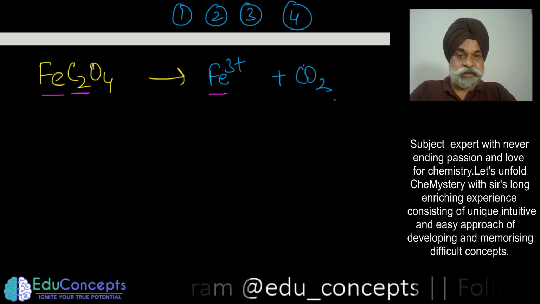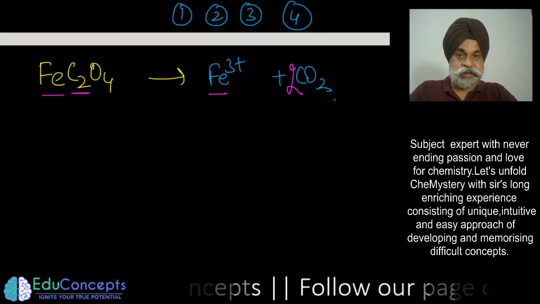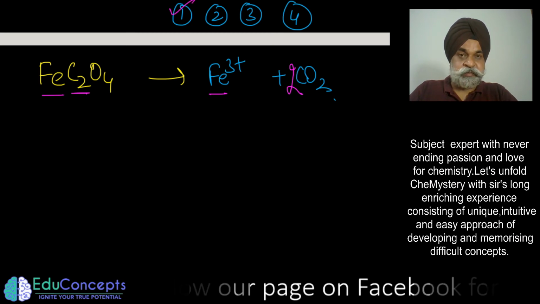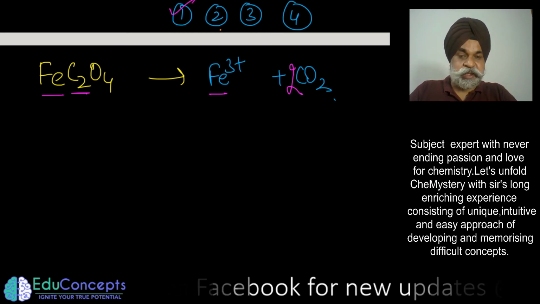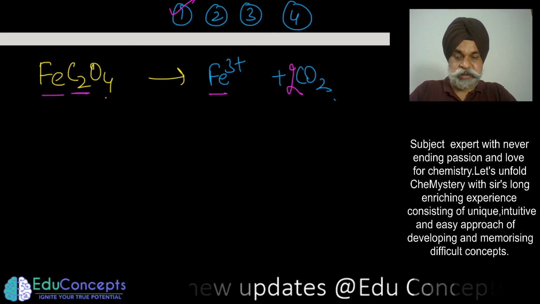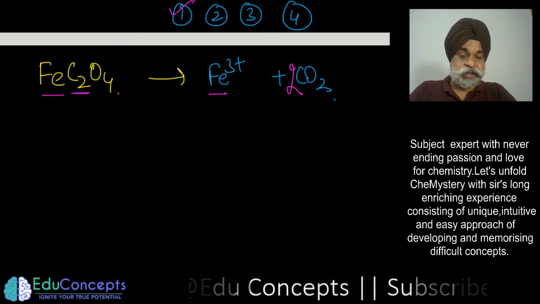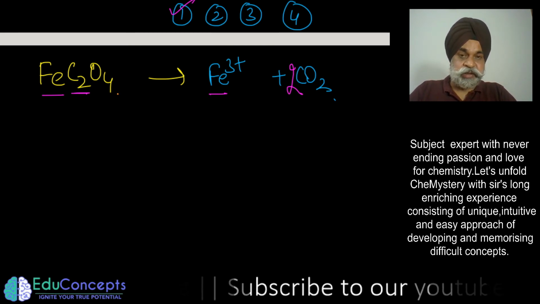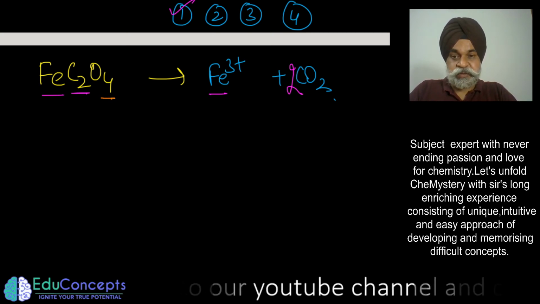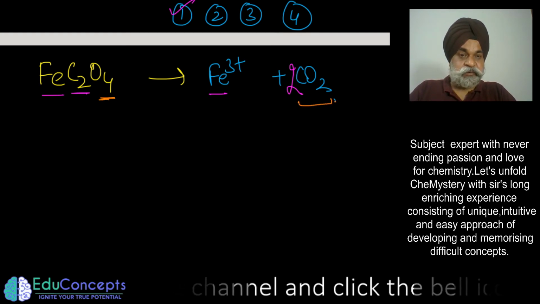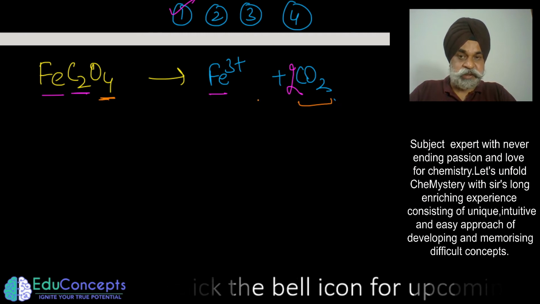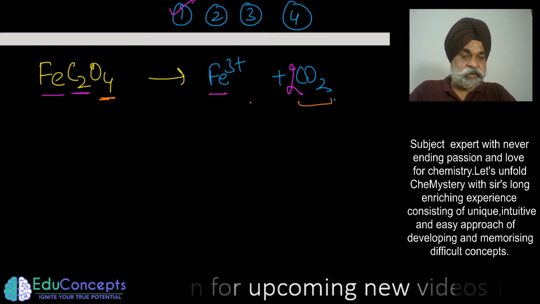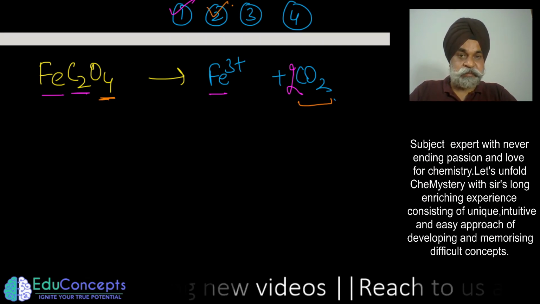Here you have carbon, so I put 2 carbon atoms. So the first point is clear. The second point is that you have to balance the oxygen atoms with the help of water. The side which is deficient in oxygen, you have to add the water. Here you have 4 oxygen, here also 4 oxygen, so oxygen also got balanced. There are no hydrogens on the reactant and product side, so there is no need of balancing them.